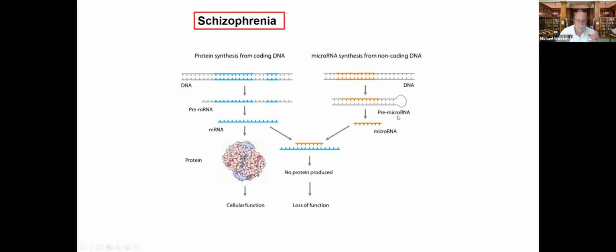That's not going to become a protein-producing RNA. It's going to be cleaved, mostly, and then occurs out into the cytoplasm, of course. And if you have an overexpression or an underexpression of these microRNAs, you can end up with either too much protein produced, as we'll see in a moment, or not enough protein produced. Loss of function goes on because the microRNAs interact with normal messenger RNA, primarily in the cytoplasm, to break down the message or, in some cases, to activate the message.